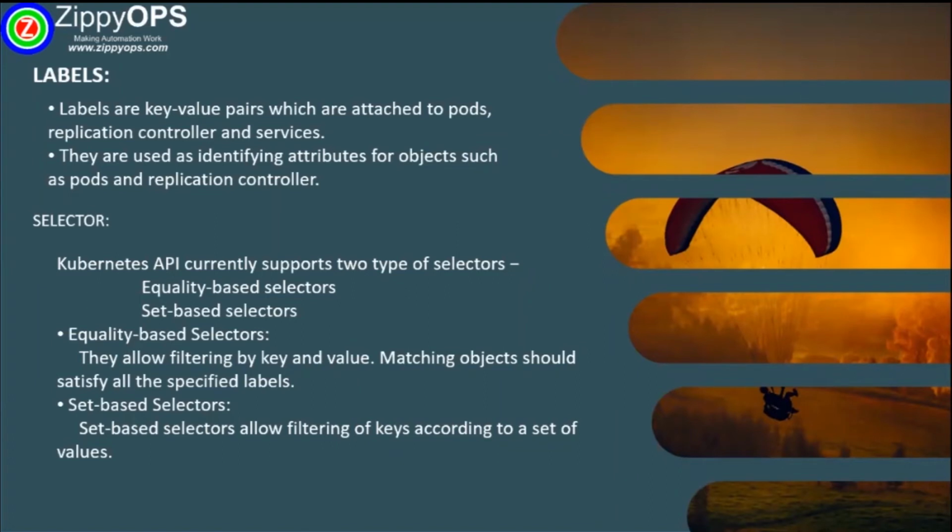Not only for mapping, you can use them for other activities also. For example, you are going to create a dashboard to list all the pods and show the CPU usage of all the containers connected to a particular microservice. There you will use the labels to filter them. So labels are used very effectively in Kubernetes.